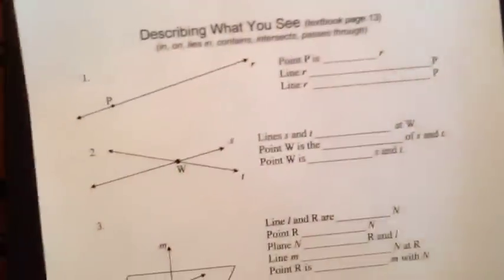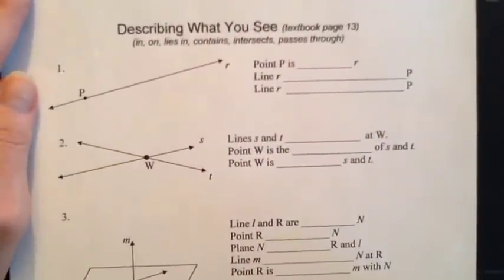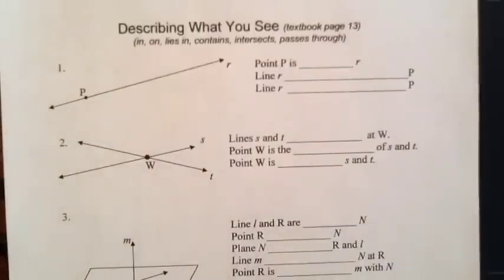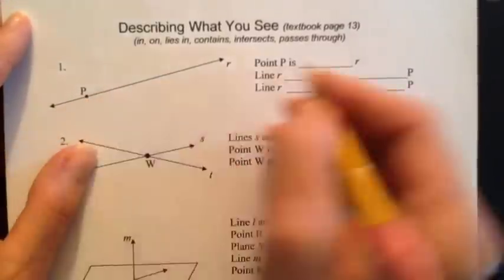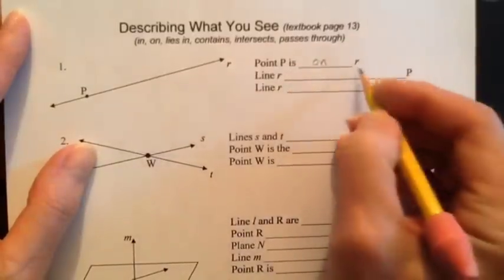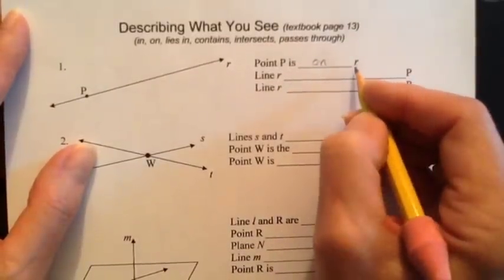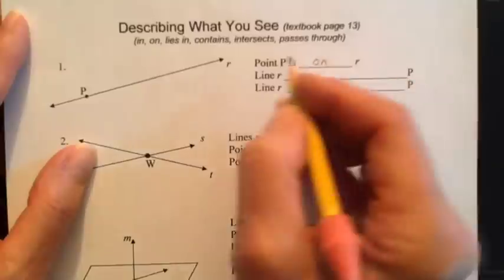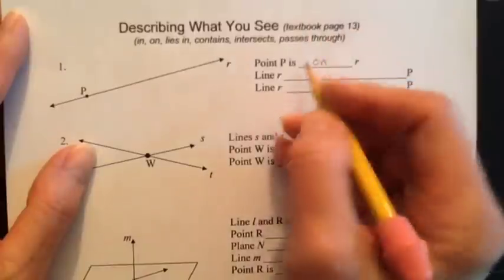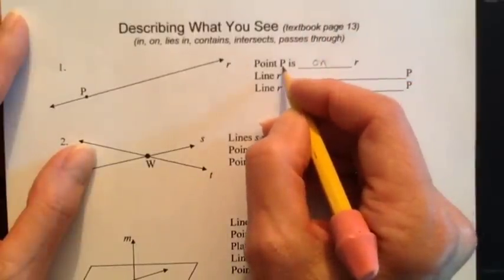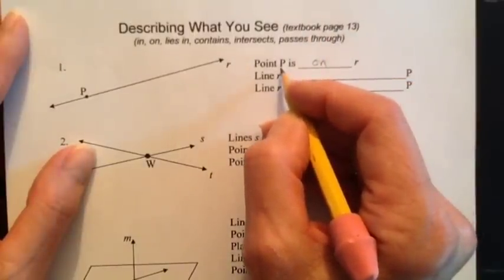Now that we have the terms, let's just take a look at a few pictures here. All right. So this point P is on line R. I know that's a line because it's lowercase script. I know this is a point. Well, the sentence starts with the word point, but even if it didn't, I know that this would be a point because it's an uppercase, non-script letter.